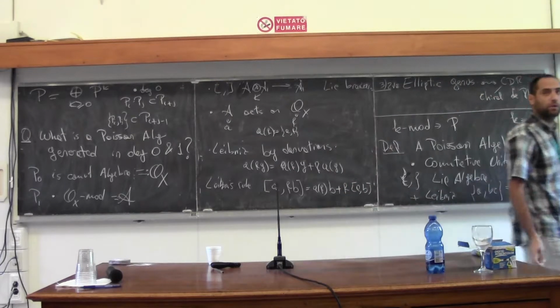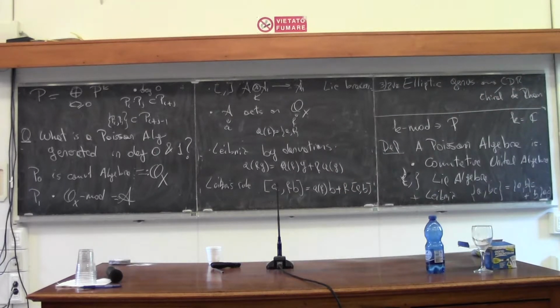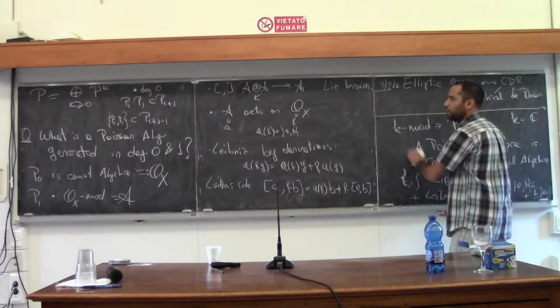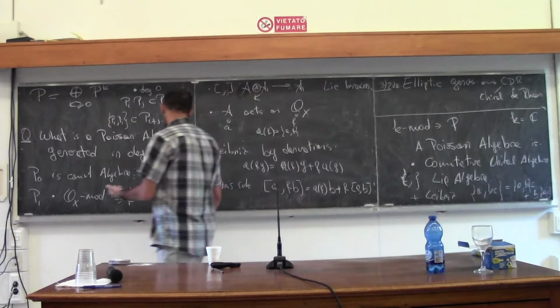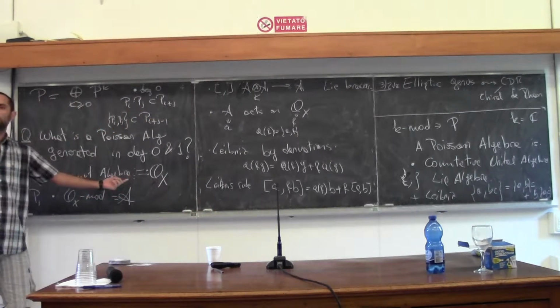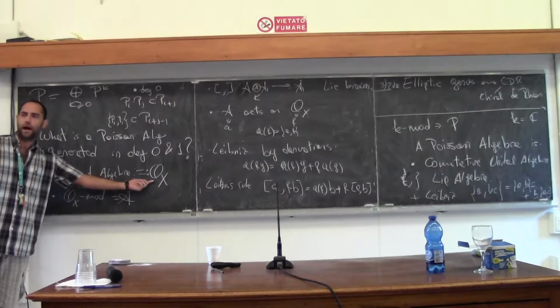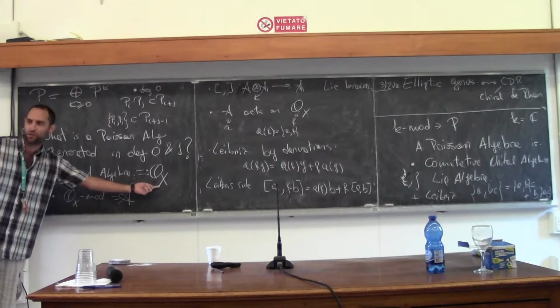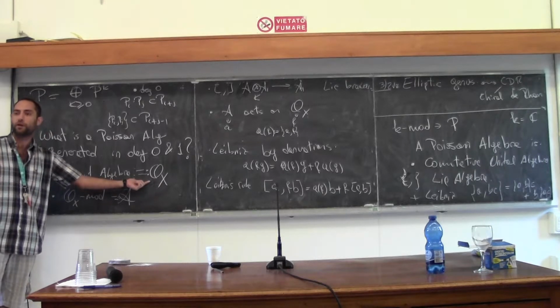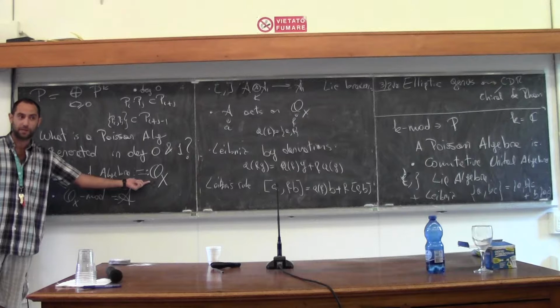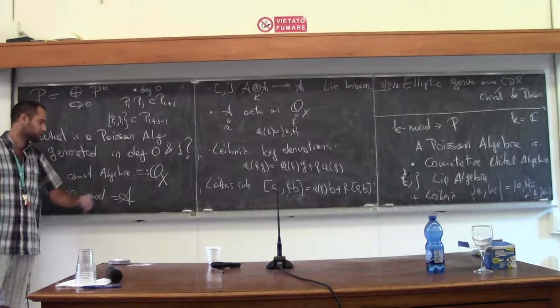So for those of you who are differential geometers, you won't like this observation, but what is a Poisson algebra generated in degree 0 and 1 is a Lie algebroid. Some people might want to have some local structure: this X should be some topological space, and this O should be the ring of functions, or the sheaf of functions, on that topological space.